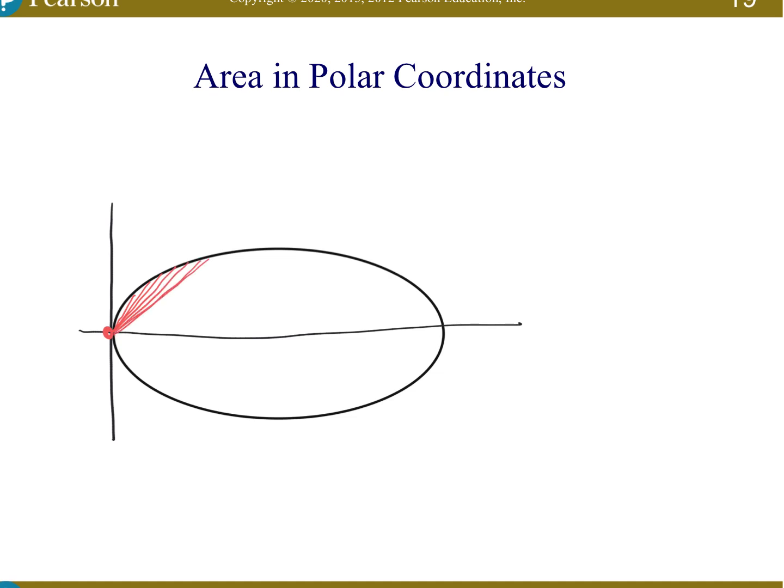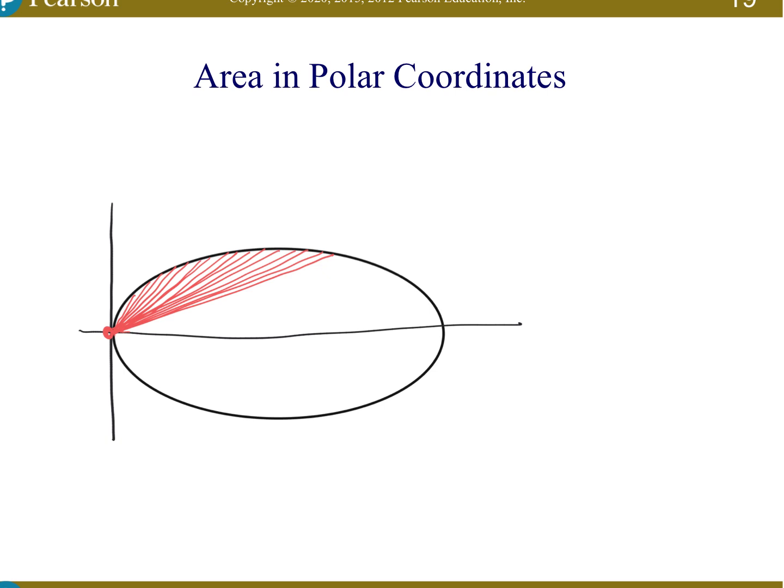In rectangular, we were doing rectangles, or trapezoids, all different shapes. In polar, everything is sectors. The more sectors you have, the better area you have. So it's all sectors. Ideally, these sectors are sliver thin. Okay, they're super tiny.